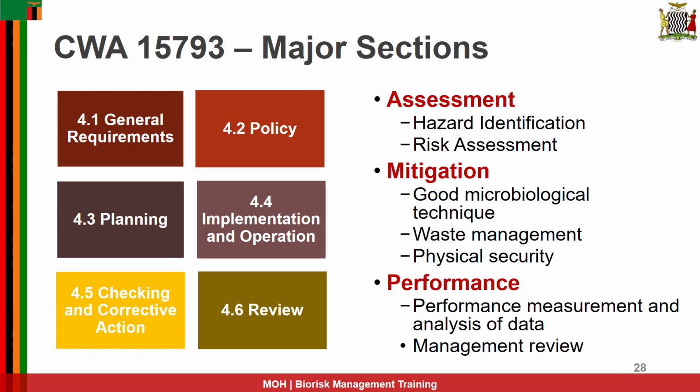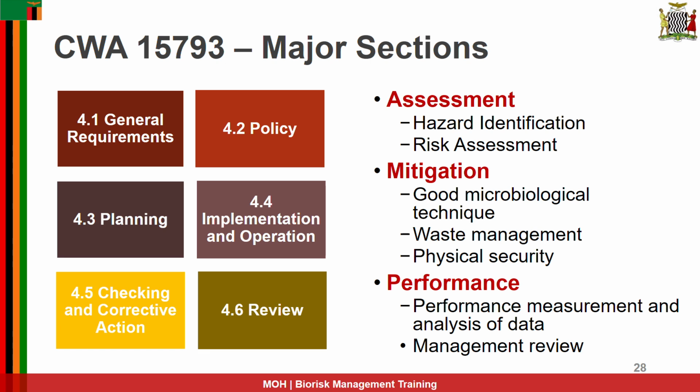In section 1, you are going to have the scope of the document itself. Then in section 2, it will give you the informative references, the references where most of the information came from to create this particular standard. Then in section 3, this is where you'll find the terms and definitions that are used in the document.